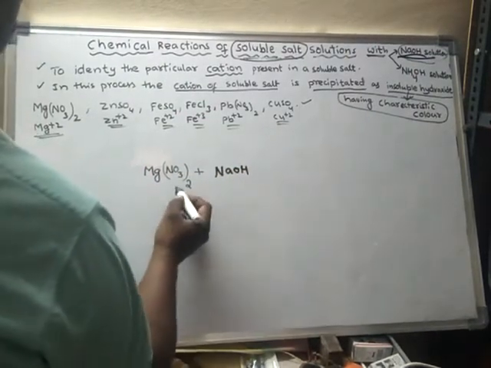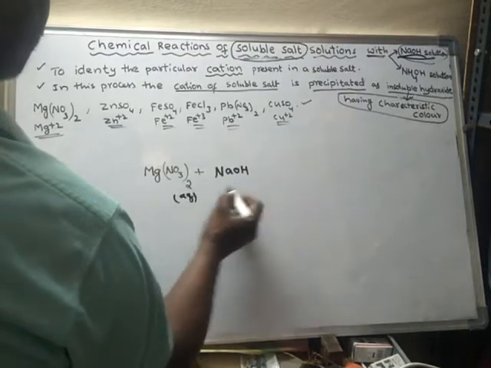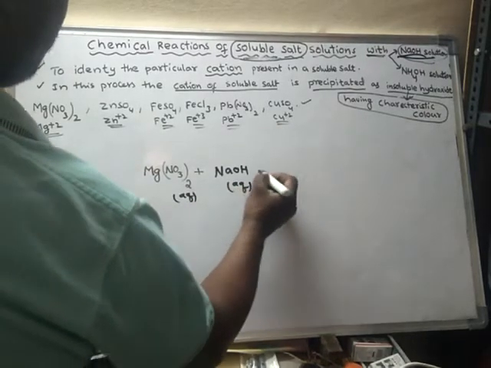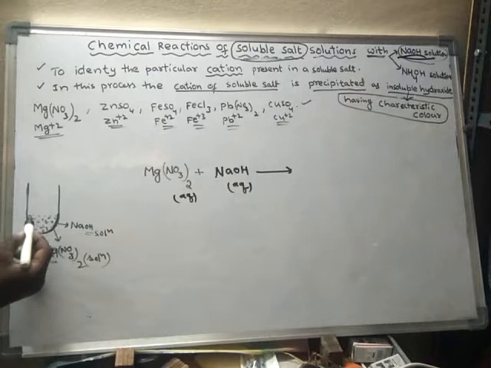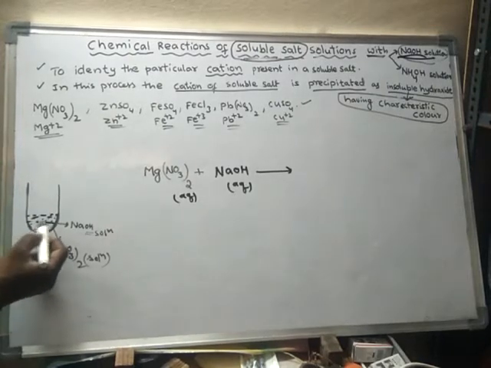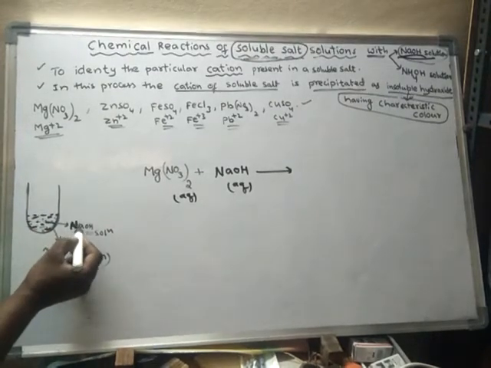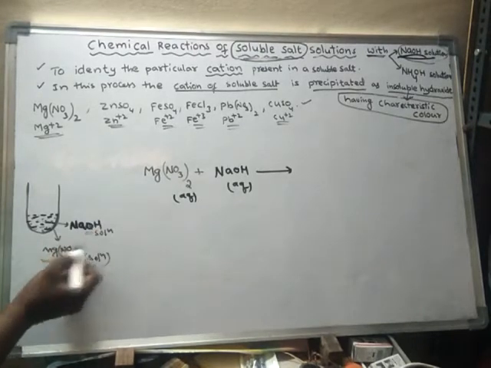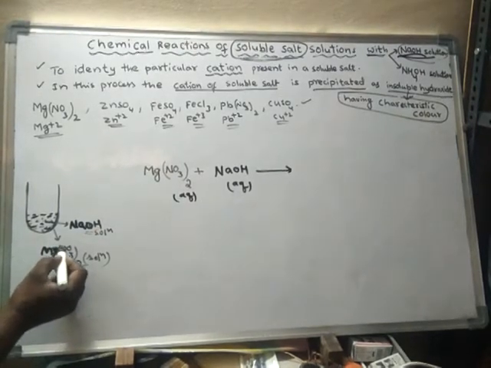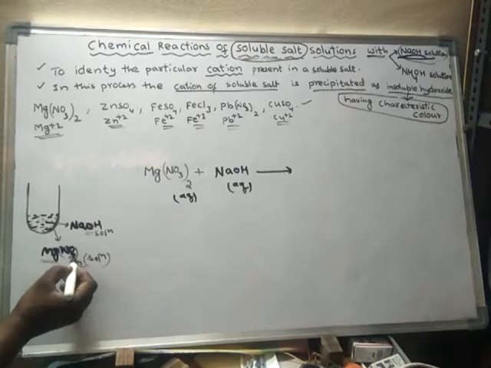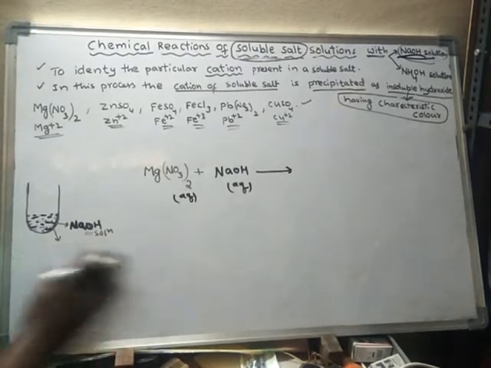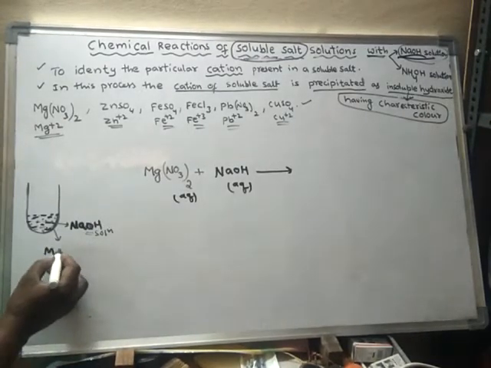This aqueous solution of magnesium nitrate is mixed with aqueous solution of sodium hydroxide, so now the solution contains both sodium hydroxide and magnesium nitrate.